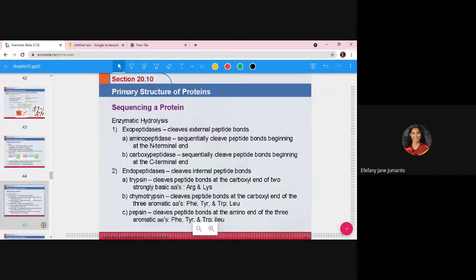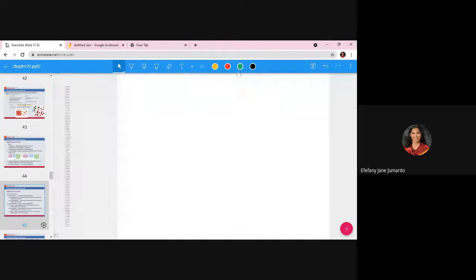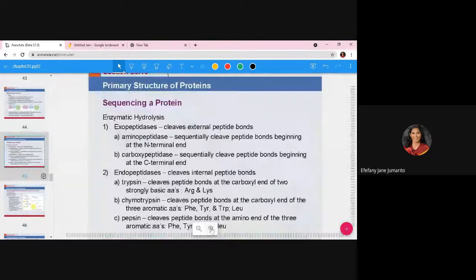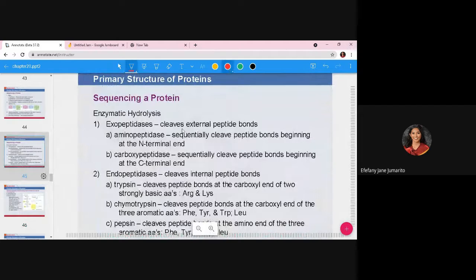If a pentapeptide, then using proteases, we have, okay, example of enzymatic hydrolysis. We have exopeptidases. It cleaves external peptide bonds. Then like aminopeptidase. So iyang gina-cleave, its class is just the N-terminal end.